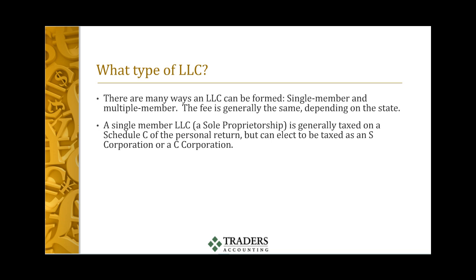So on the Schedule C, you either have a sole proprietorship or a single member LLC, you deduct the expenses on your Schedule C. But a single member LLC can also elect to be taxed as an S corporation or a C corporation. Now, that doesn't mean it's not an LLC anymore. It's just an election of how to be taxed.